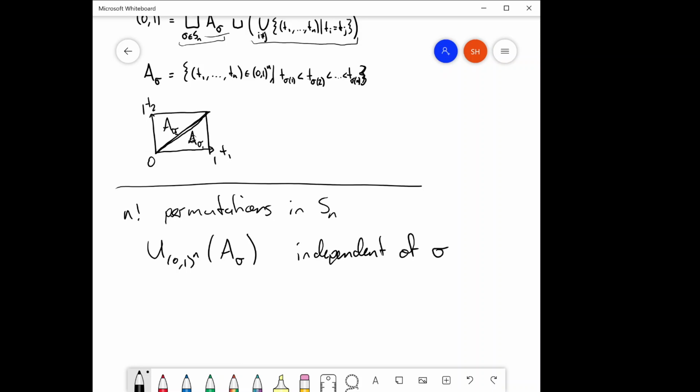Okay, and well, this is because the uniform distribution is invariant under this sort of reordering of the directions.